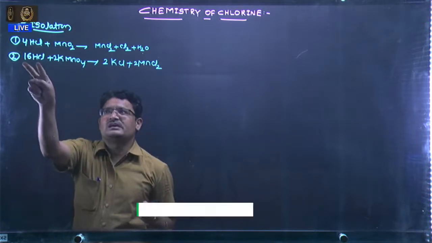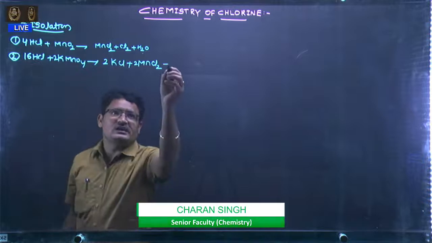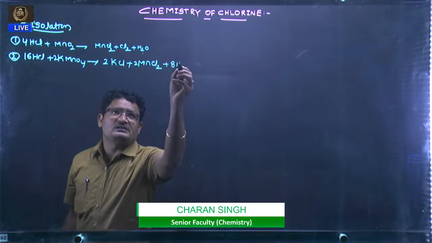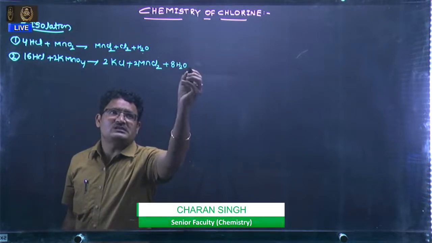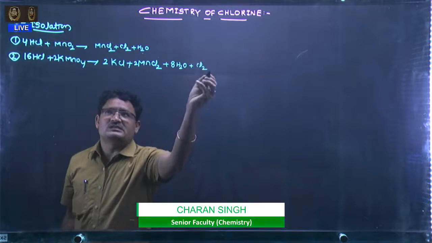Here how many hydrogens are there? 16. That's right, 8 H2O, plus Cl2.